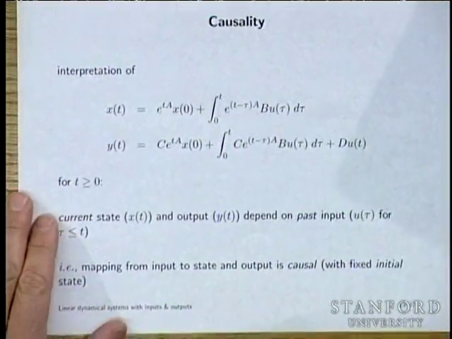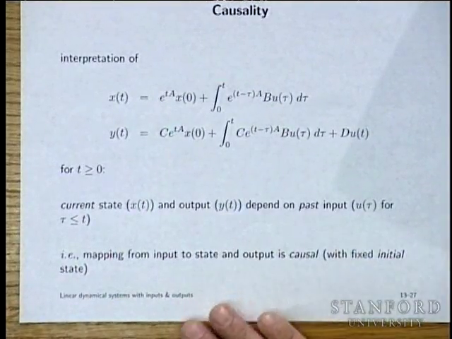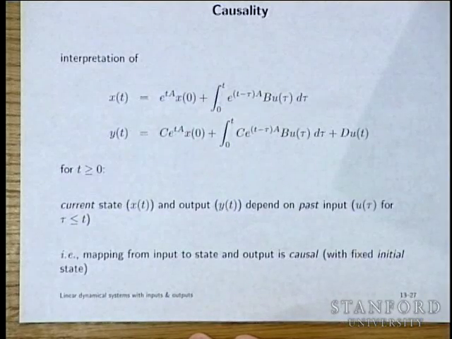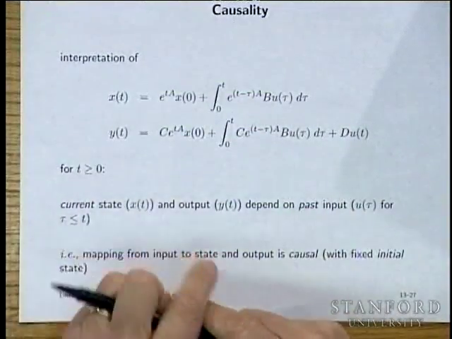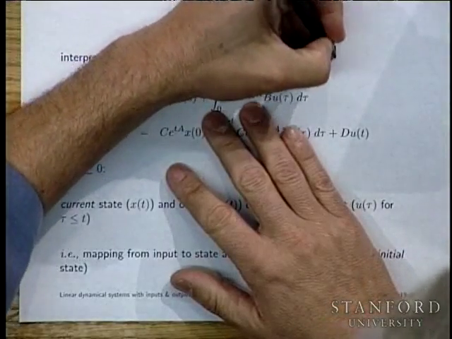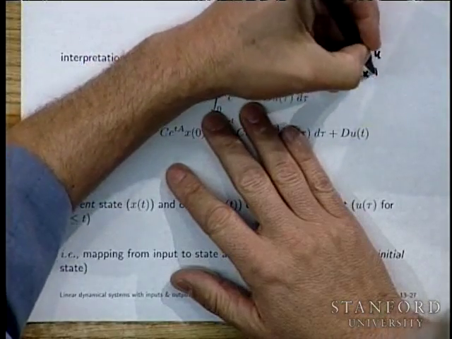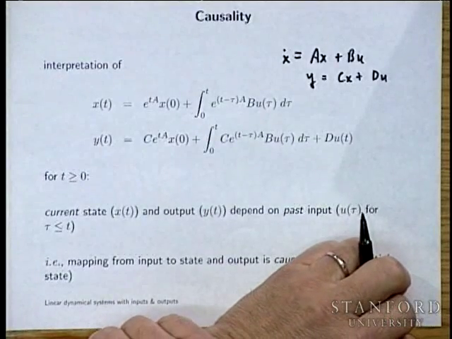So you would say something like this. The current state and the current output depend only on the past input. Well, that's what causality is. Causality says that the things you do now affect the future, not the other way around. Now, it's a bit strange because you look at x dot equals Ax plus Bu, y equals Cx plus Du, and I don't see any asymmetry in time in these equations.